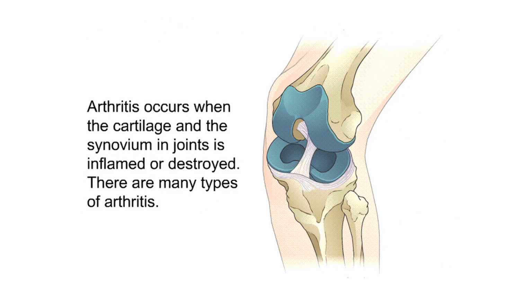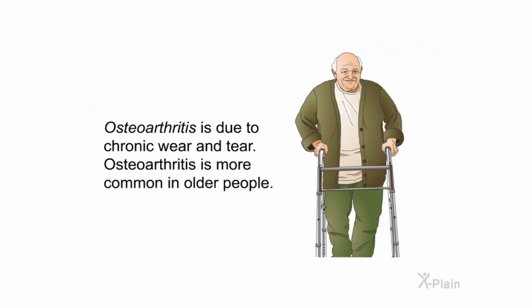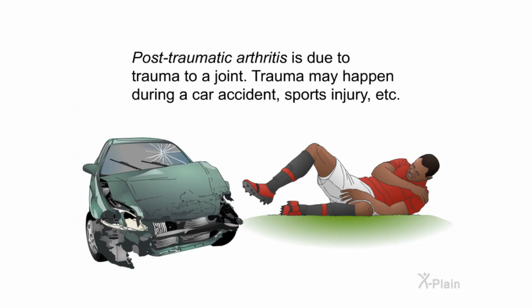Arthritis. Arthritis occurs when the cartilage and the synovium in joints is inflamed or destroyed. There are many types of arthritis. Osteoarthritis is due to chronic wear and tear. Osteoarthritis is more common in older people. Post-traumatic arthritis is due to trauma to a joint.